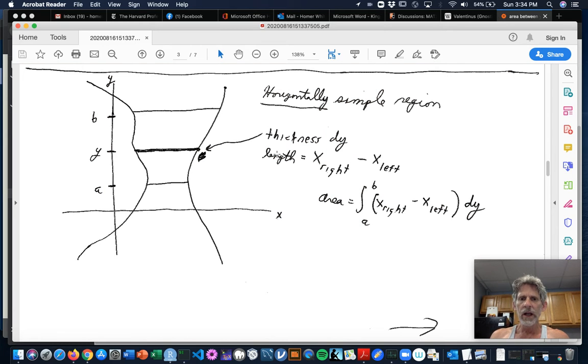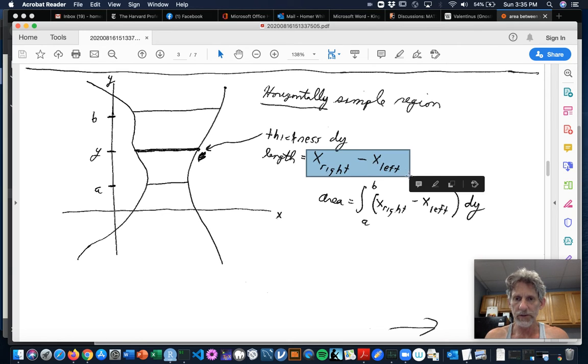Now, we're going to need to multiply the length of that thing by the thickness to get the area. What would be the length? We need a positive number for the length. So we go to the right-hand x-coordinate and the left-hand x-coordinate and subtract right-hand minus left-hand. Bigger x-coordinate minus smaller x-coordinate.